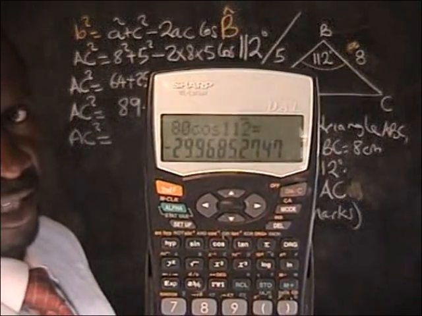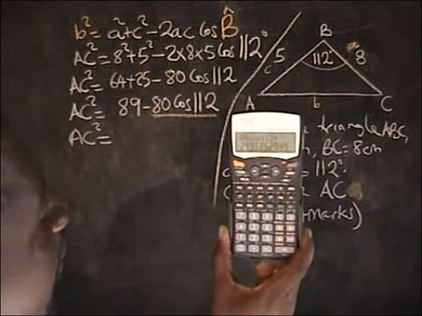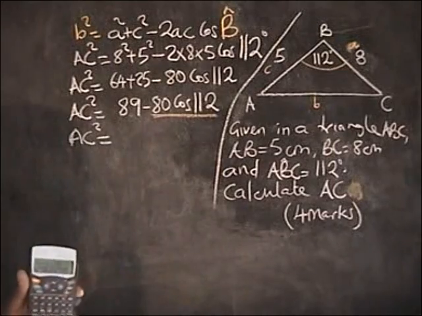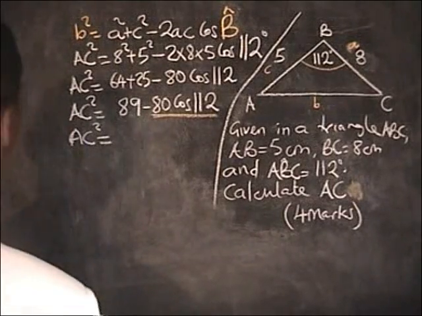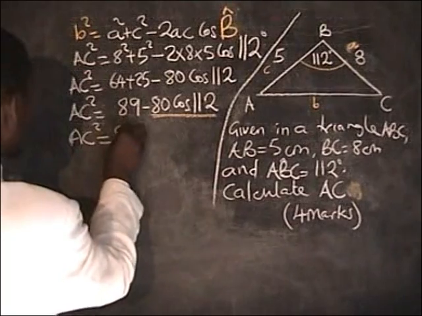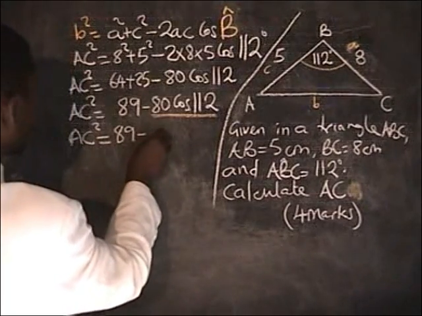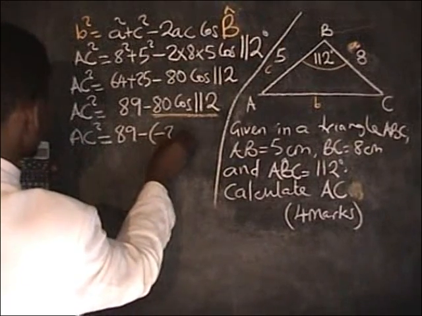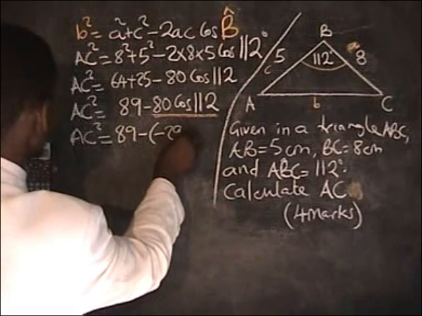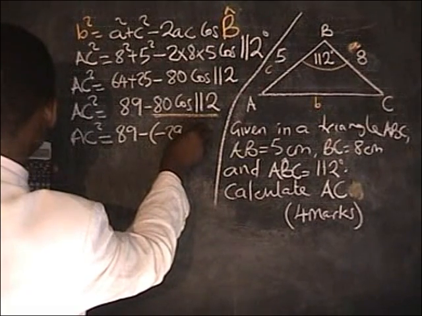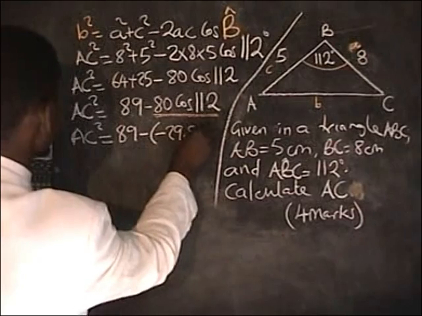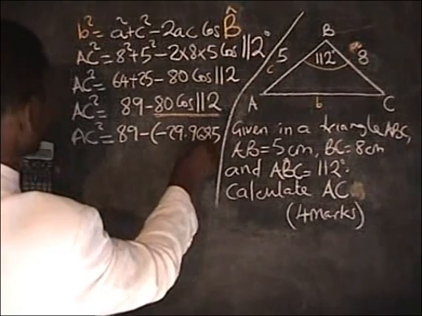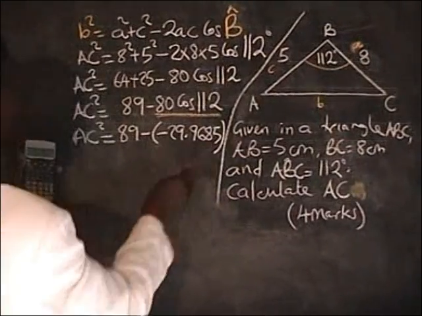As you can see, it's a negative number, so this is 89, then there is a minus to connect the two. Then what I have got from this is a negative 29.9685 to 4 decimal places, in brackets like that.